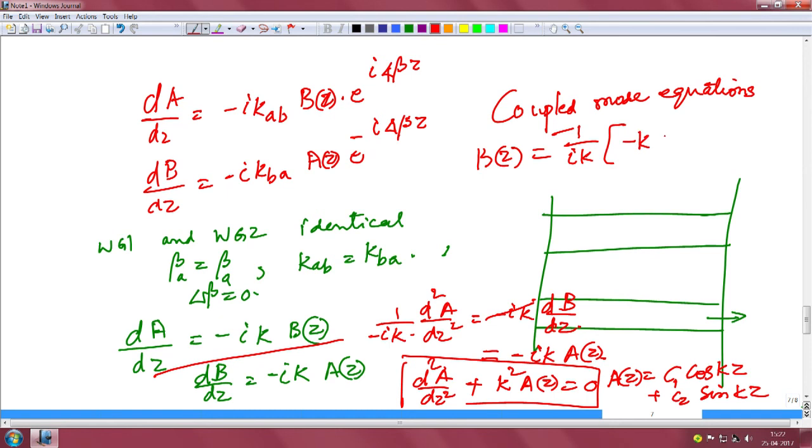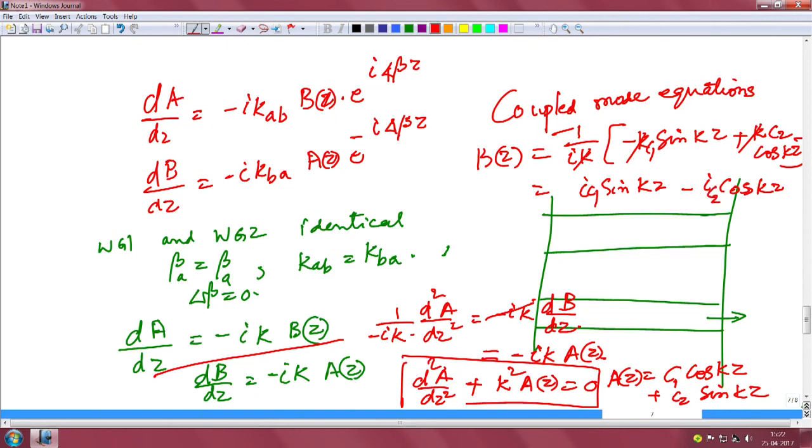So, minus k sin kz C1 plus k C2 cos kz. The k's will cancel out, and you get plus i sin kz minus i cos kz, and these arbitrary constants still remain.